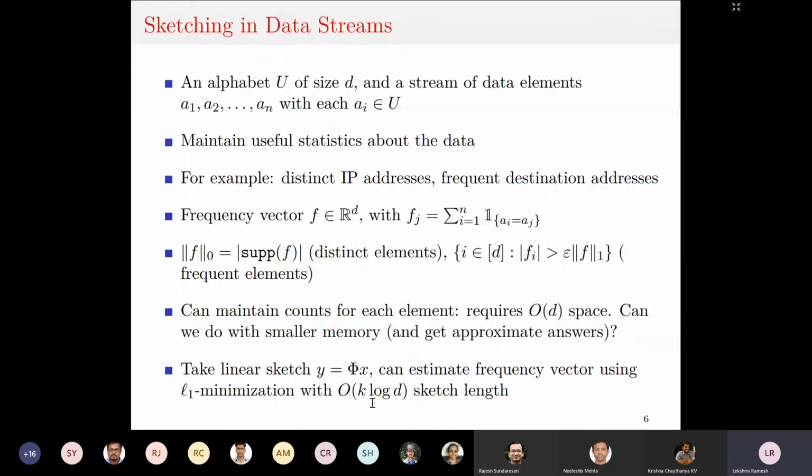Okay, so you're asking, are you saying it doesn't depend on n? The constant doesn't depend on it. Let's say you look at it in blocks of n, and let's say n is less than d, something like that. I'm thinking of d as the huge number here.